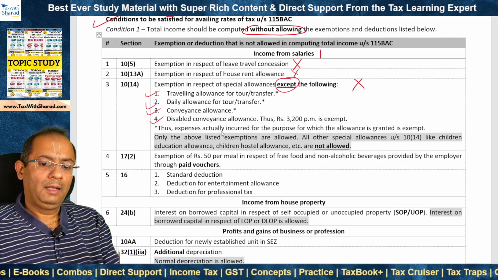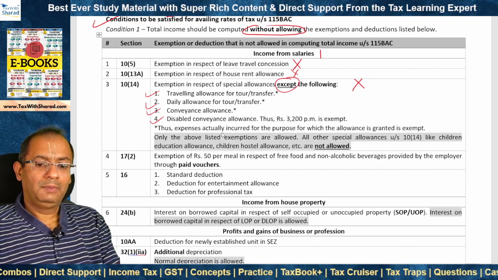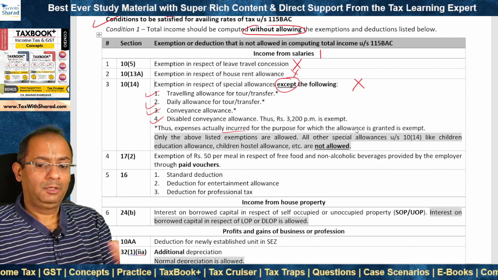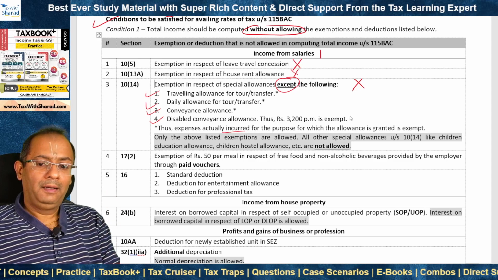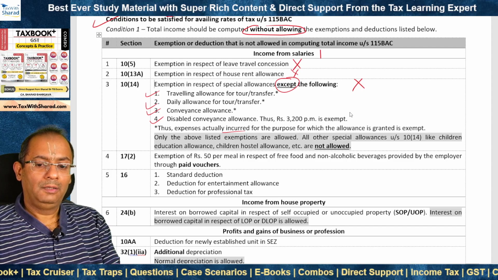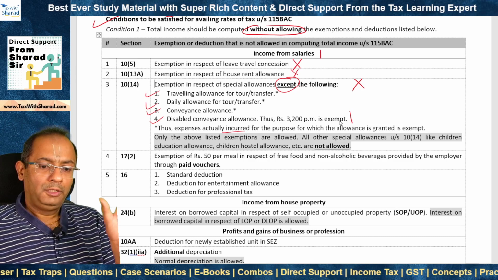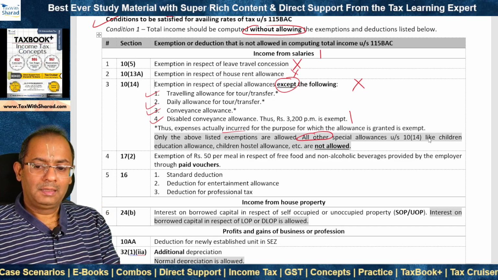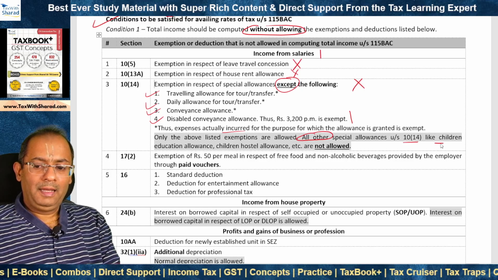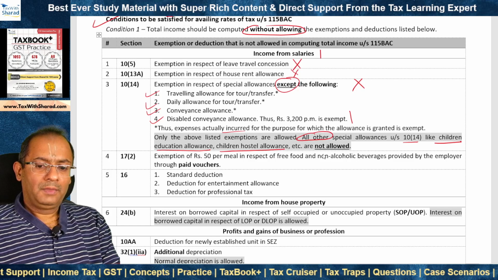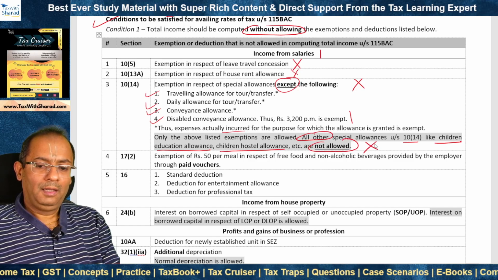1, 2 and 3 are allowed exemption to the extent the expenses are actually incurred for the purpose for which the allowance is granted. So that means to the extent of official expenses. And as we have noted, disabled conveyance allowance is exempt up to 3,200 per month. So these 4 are allowed, but all other special allowances under section 10(14), like children education allowance, children hostel allowance, etc., are not allowed.